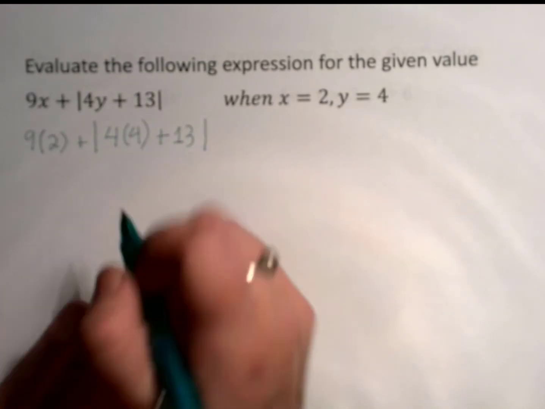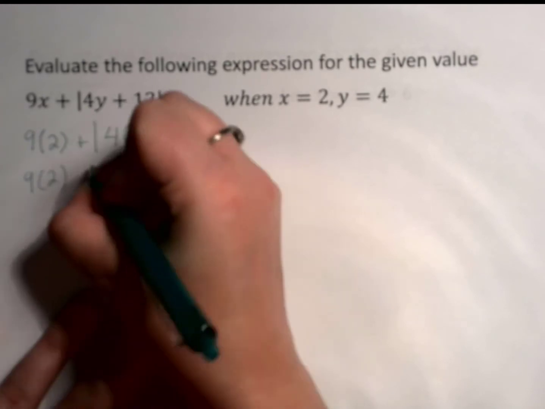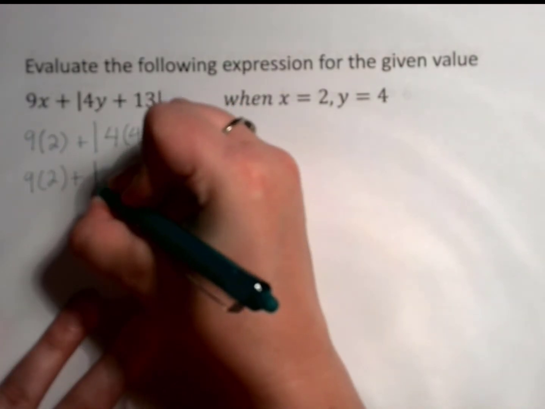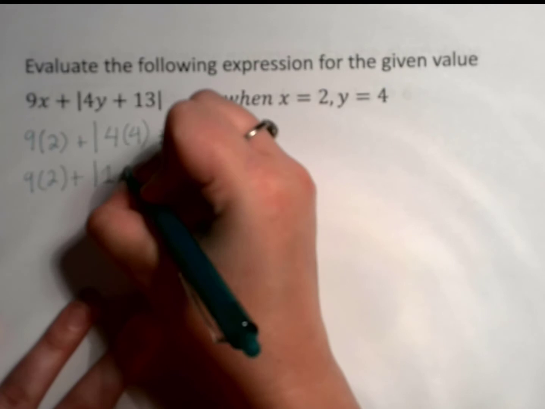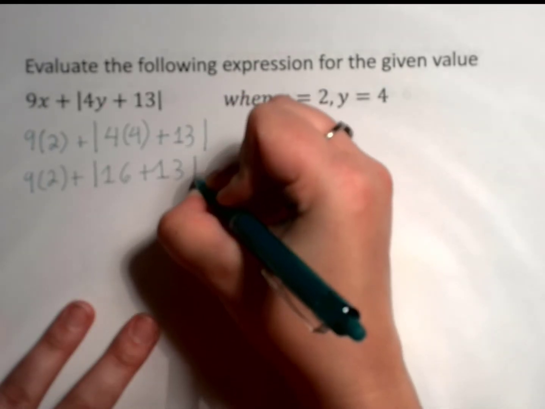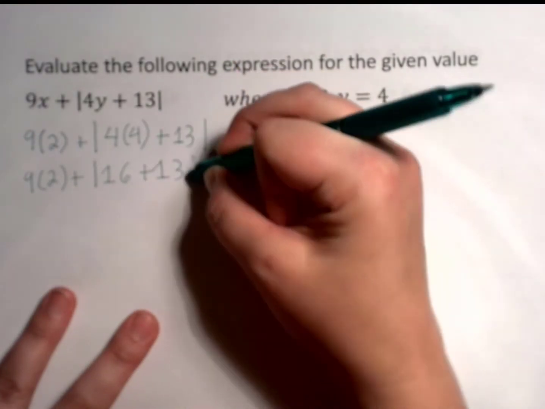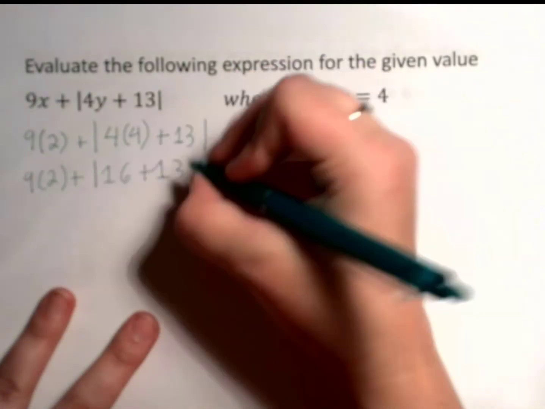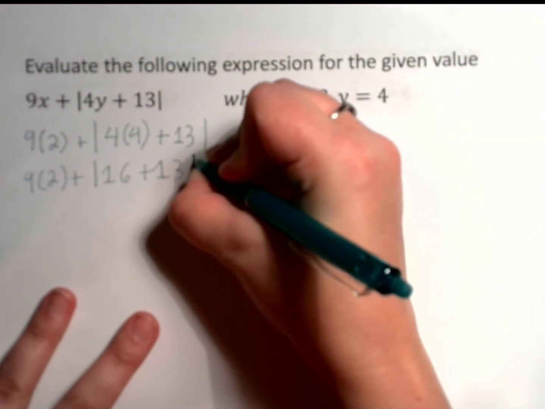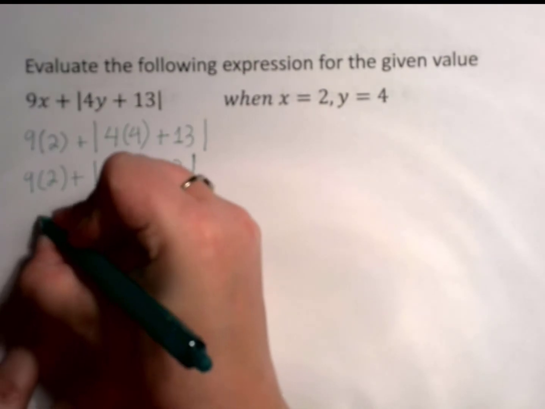4 times 4 is 16. Plus 13. Sixteen plus 13 is 29.